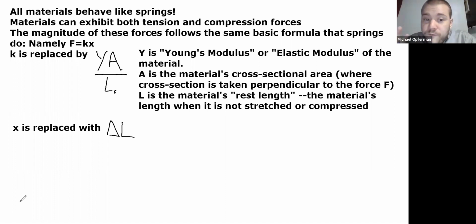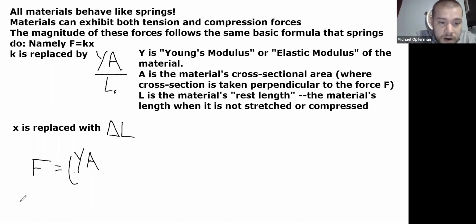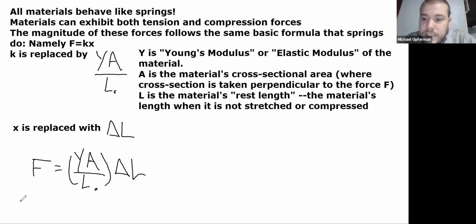So if we put all that information together into the equation, then the equation we end up getting is F equals Young's modulus times cross-sectional area divided by L0 times delta L. And that is basically our F equals Kx for real materials.